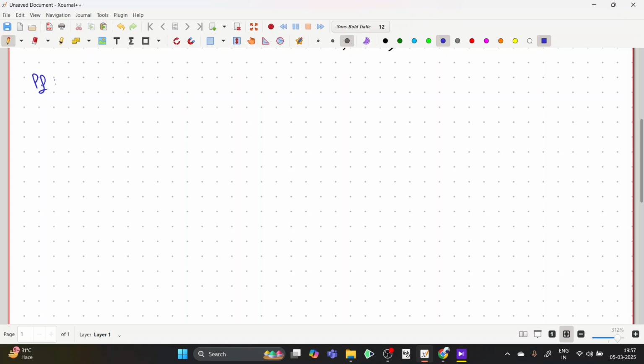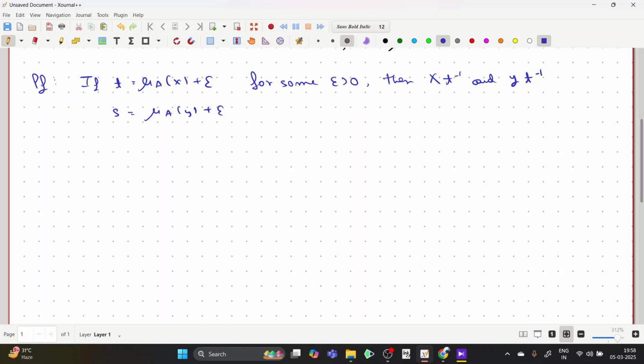Observe that if I choose an element T which is equal to mu A of x plus epsilon, and S which is equal to mu A of y plus epsilon, that is, they both are not the infimums according to the definition of the Minkowski's functional, and this is for some epsilon greater than 0, then x t inverse as well as y s inverse, both of them belong to A.